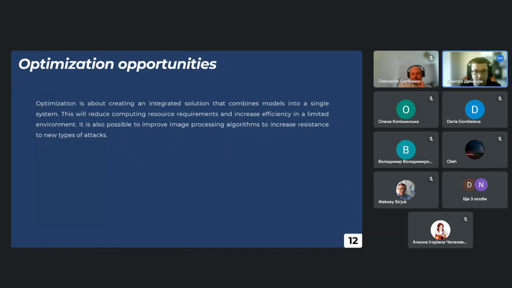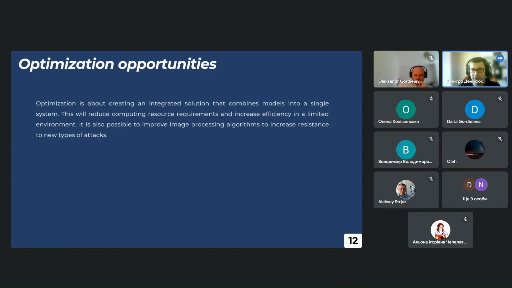To overcome these limitations, first, optimization of the system is important. In practice, the possibility of combining CNN and LSTM functions in one hybrid model should be considered.